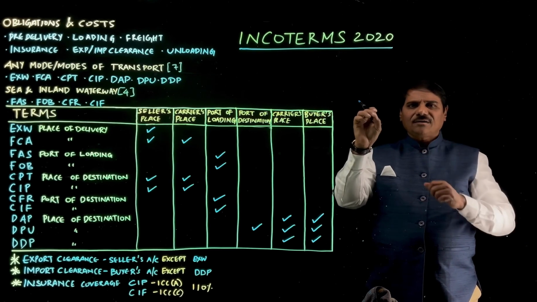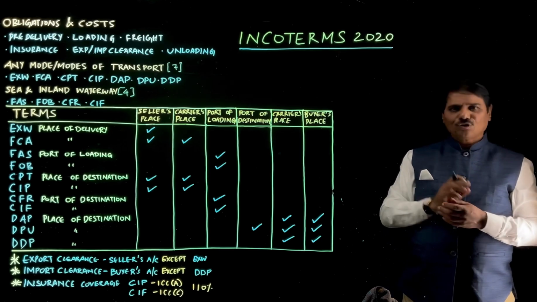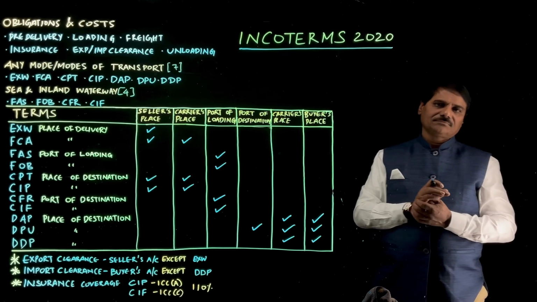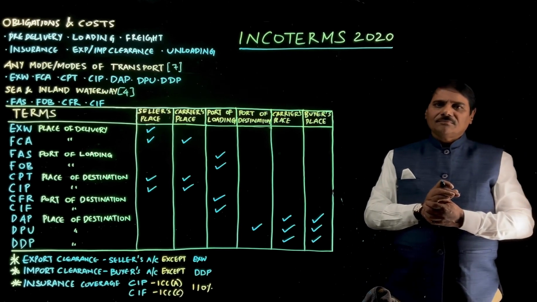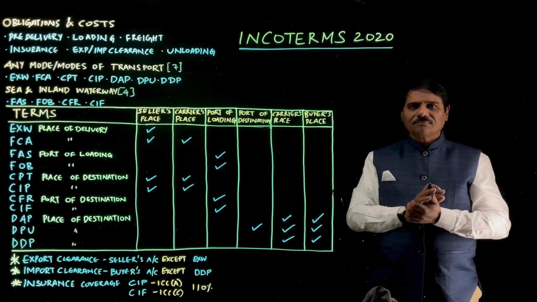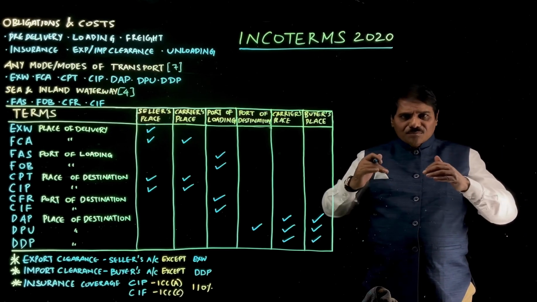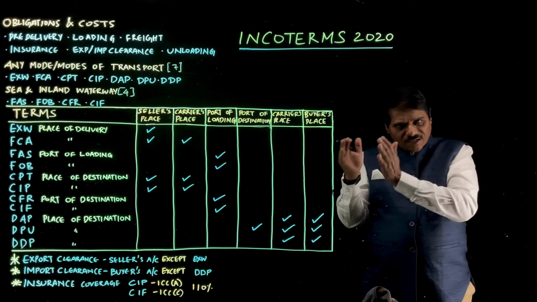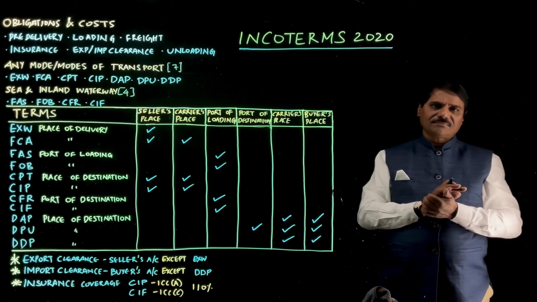Unit price $10 per metric ton. So dollar, that is the currency unit. 10 is the number. 10 per metric ton. Where? Because there is a movement of the goods involved, from seller's place to the buyer's place.